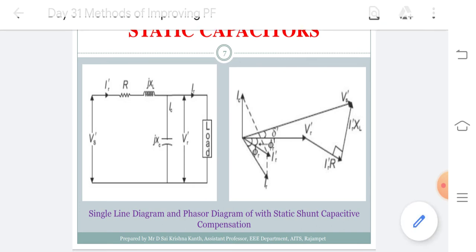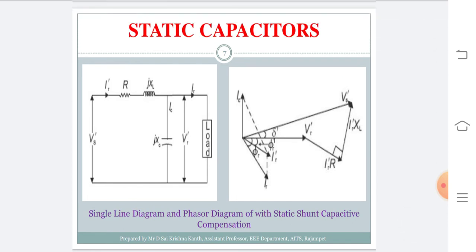This Ir dash flows through the resistance R and reactance XL. Due to the flow of it, the drops Ir dash R and Ir dash XL are represented. Now the sum of the receiving end voltage and voltage drops gives us the sending end voltage.